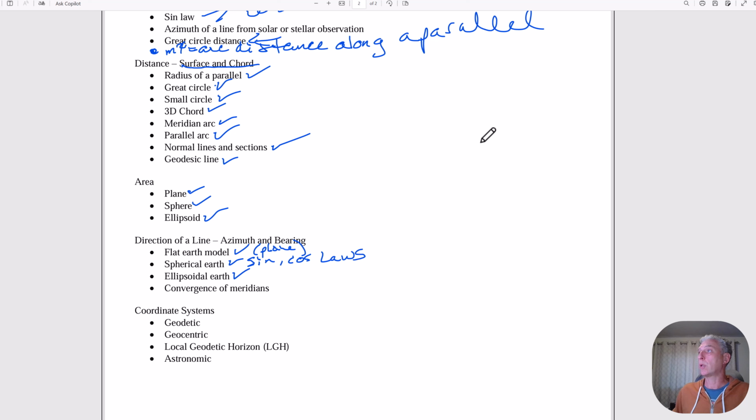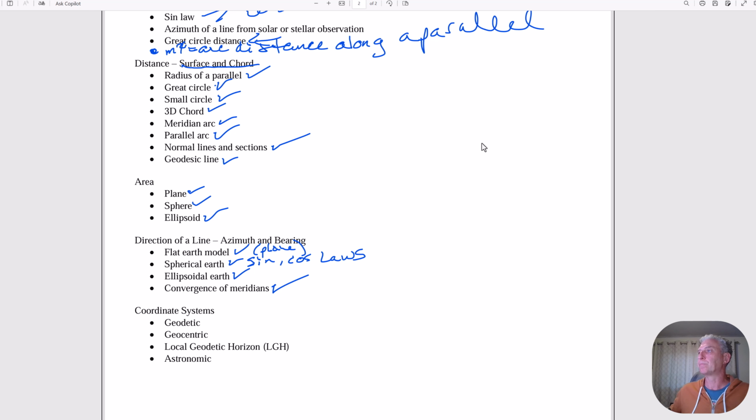The ellipsoidal Earth model, basically the concepts, not really so much the calculation, but the concepts of azimuth and bearing on the ellipsoidal Earth, and convergence of meridians, of course. We've spent quite a bit of time on that.